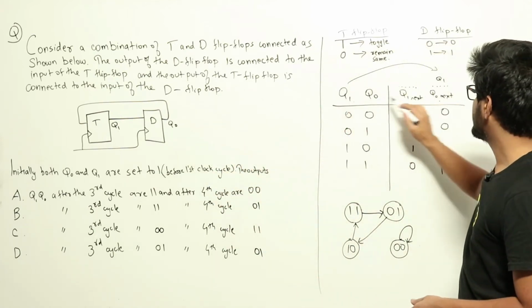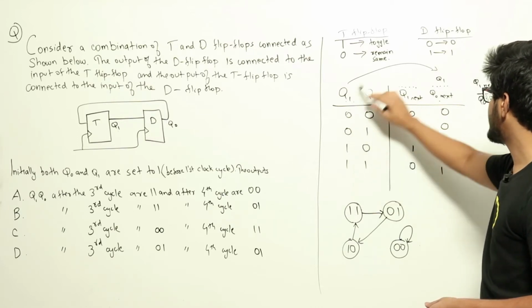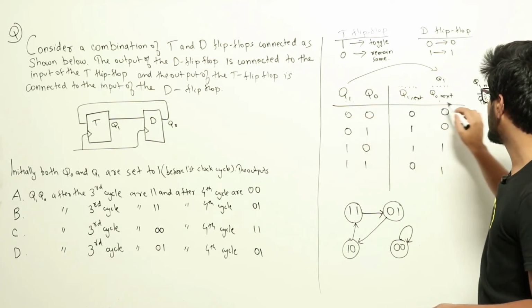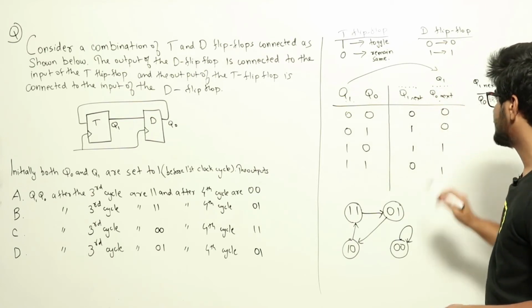So Q0 next will be just Q1. Q1 is 0, 0, 1, 1, which I can write straight here, so Q0 next is 0, 0, 1, 1.